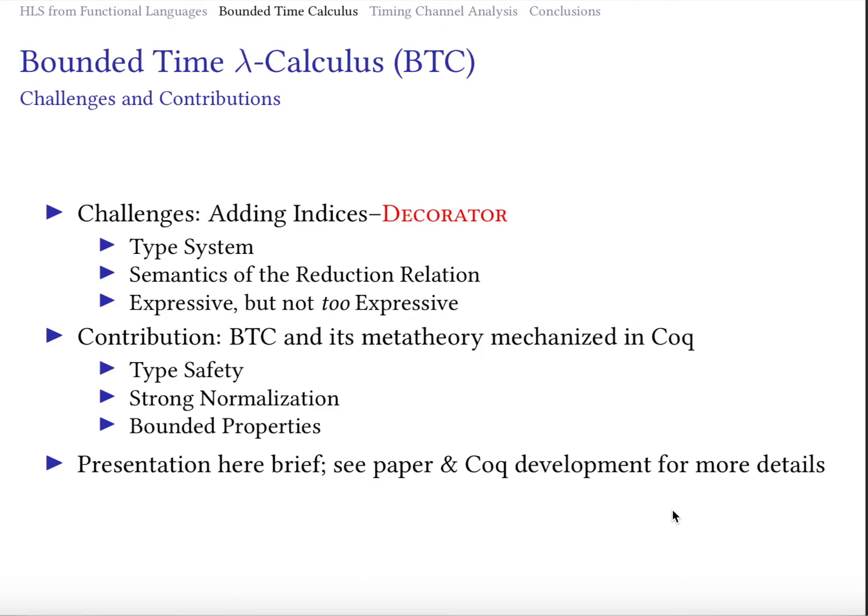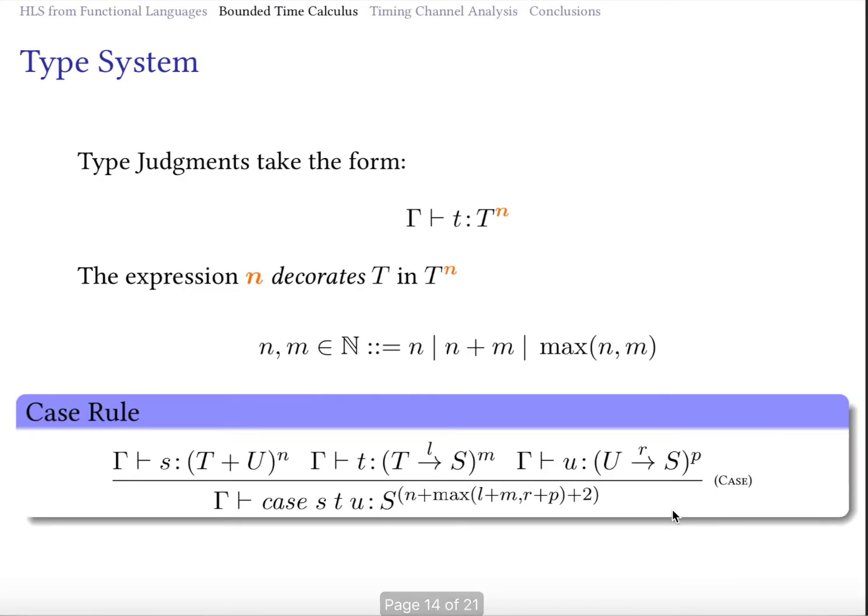And we did this and mechanized it in Coq and proved all the usual nice metatheory that one would want. So the presentation of the formal details in this talk is very brief. We do have the Coq development complete, freely available, so see that or the paper for more details.